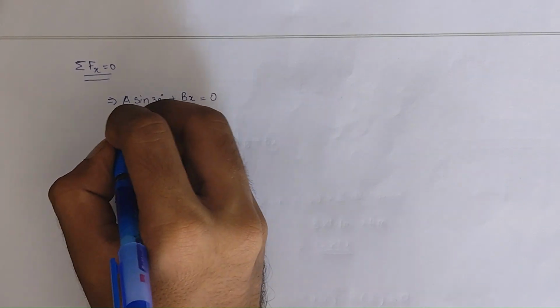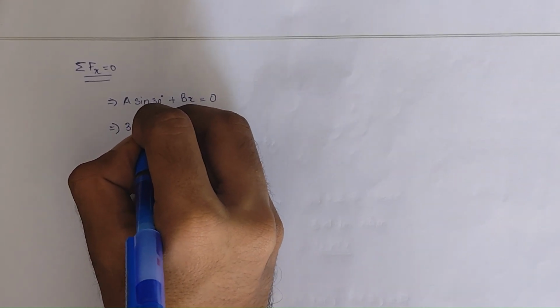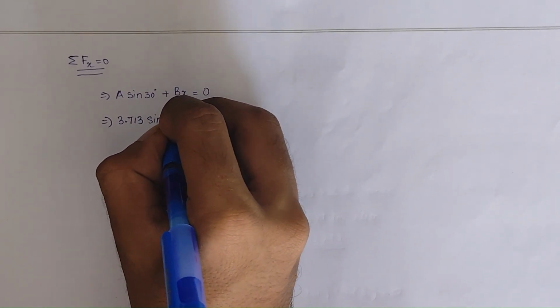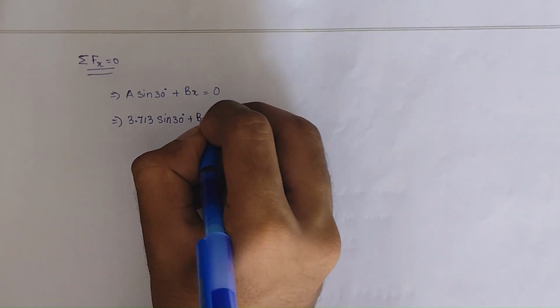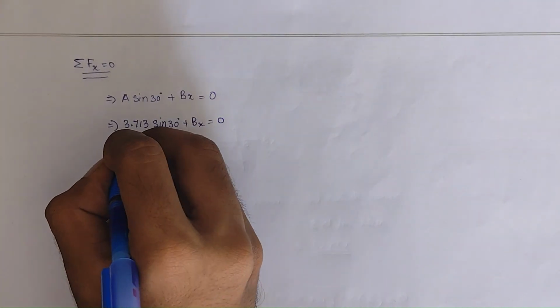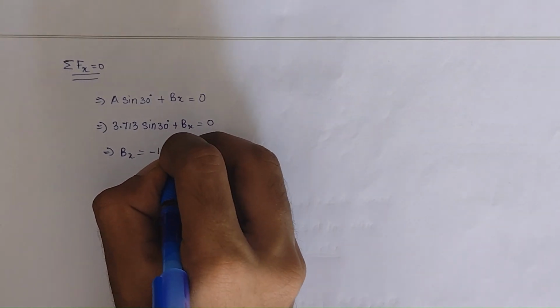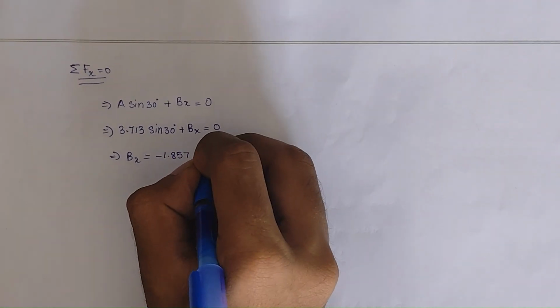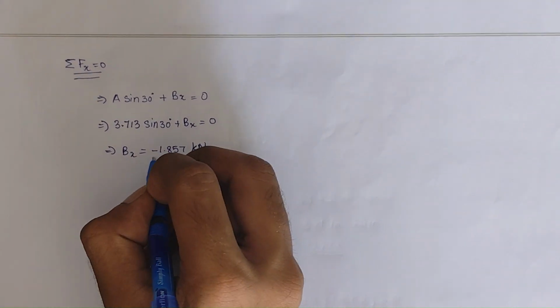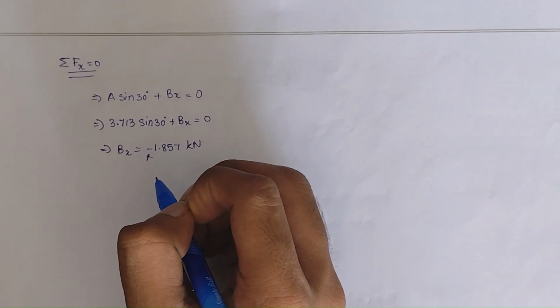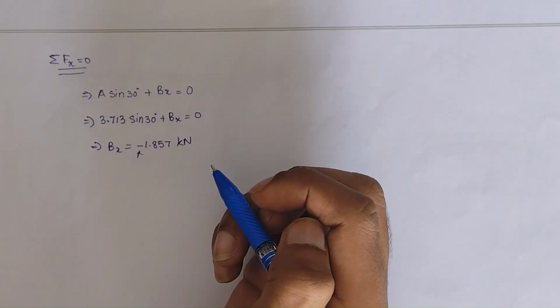So A we found, and it was 3.713 sine 30, and Bx we have to find. So Bx will be minus 1.857 kilonewton. This negative sign indicates that we took the wrong direction of the component.